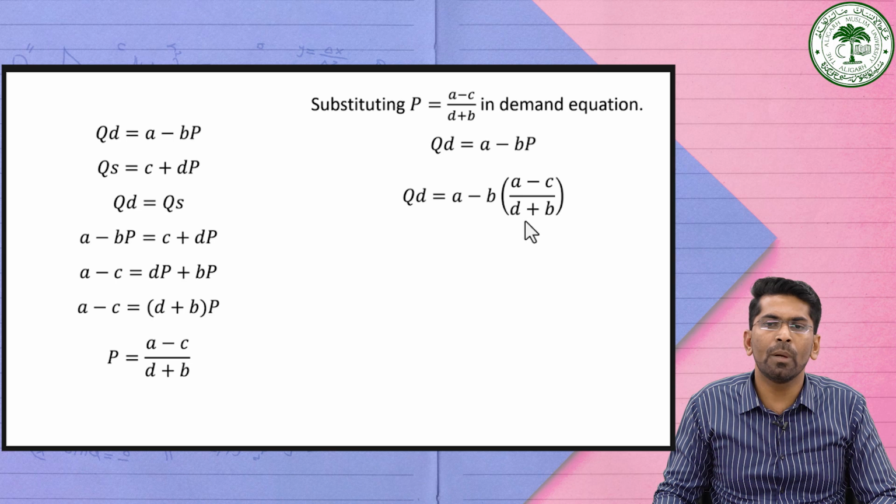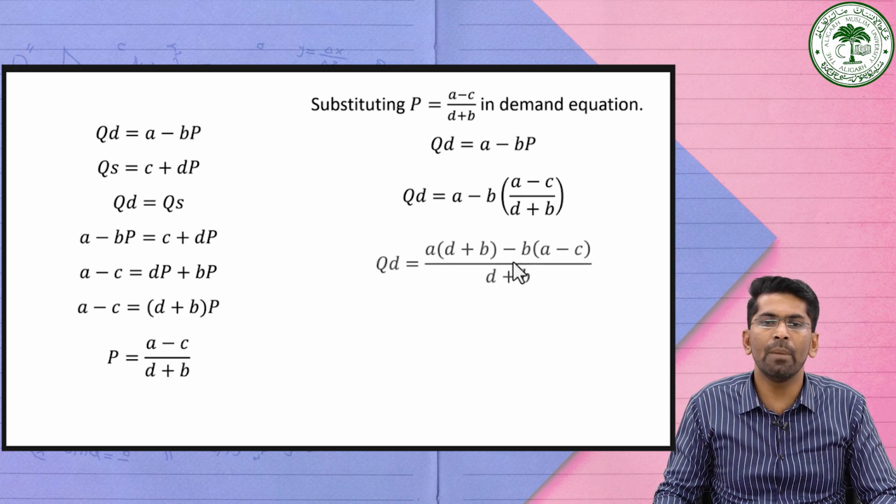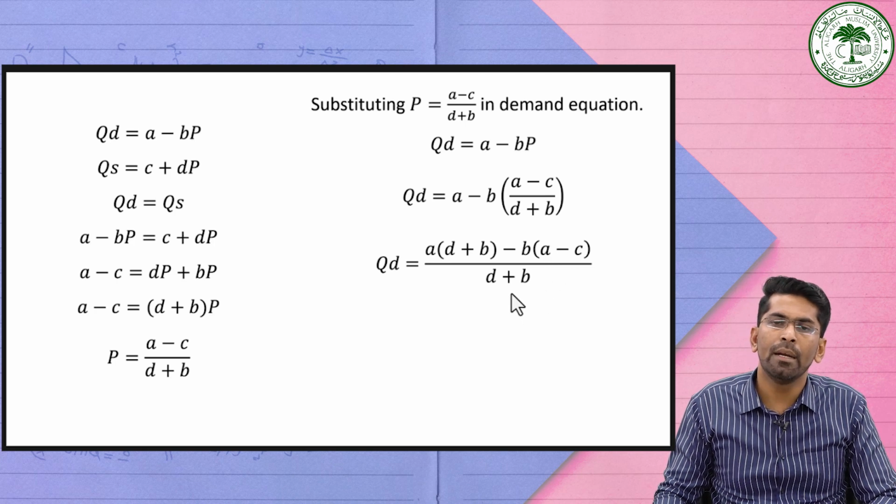So if we take the common denominator by multiplying and dividing the A term by D plus B, then it will become A into D plus B minus B into the numerator term, that is A minus C, whole divided by D plus B, after taking the least common denominator, LCD.